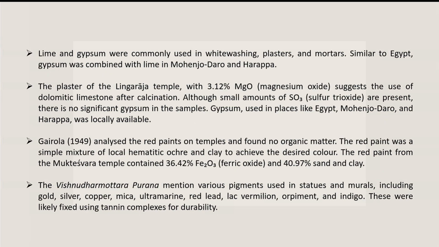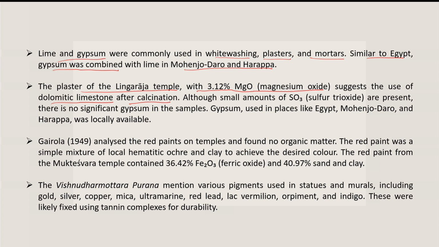Lime and gypsum were commonly used in whitewashing, plaster and mortar. Similar to Egypt, gypsum was combined with lime in Mohenjo-daro and Harappa. The plaster of the Lingaraj temple, with 3.12% magnesium oxide, suggests the use of dolomitic limestone after calcination.